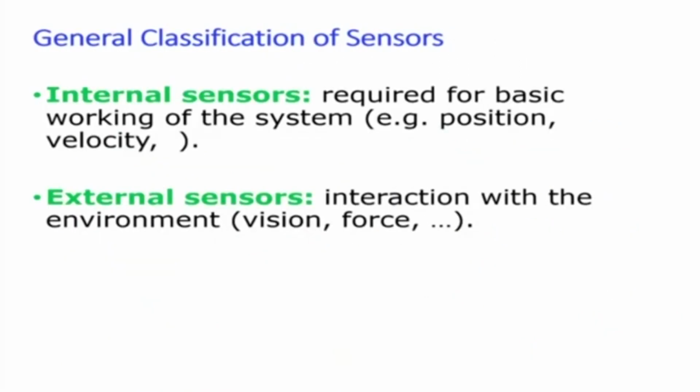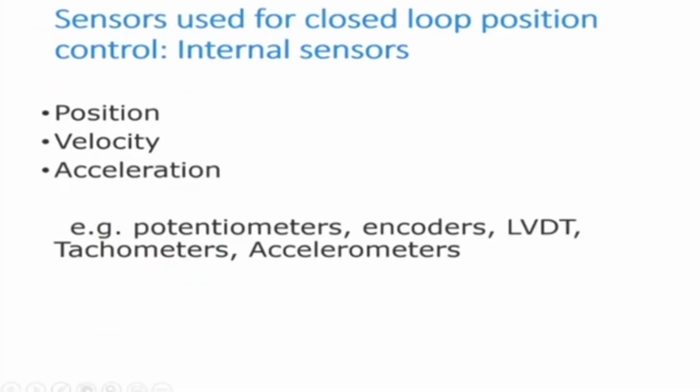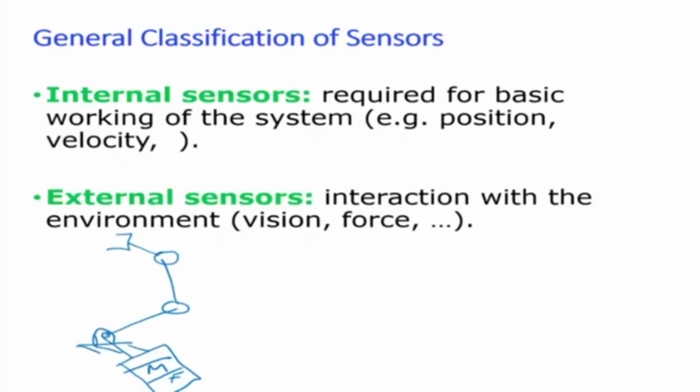Now we start off with sensors. Sensors can be classified into two groups: internal sensors and external sensors. Now in a robot, every joint has a motor, encoder, and a gear in front.